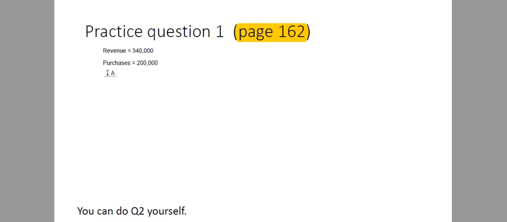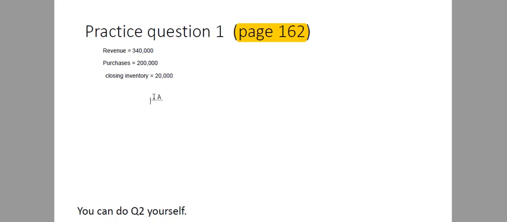And then it says that the retailer was not able to sell all the goods. It means he has some inventory. So there is unsold inventory. So closing inventory is 20,000. And that's it. These are the three numbers there, and we have to find the gross profit.